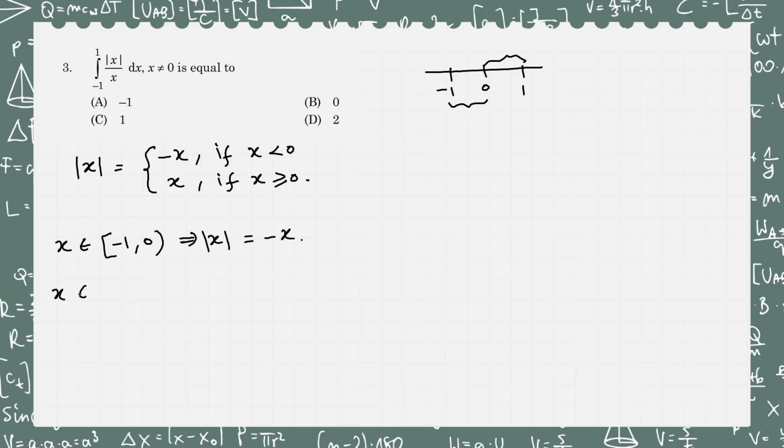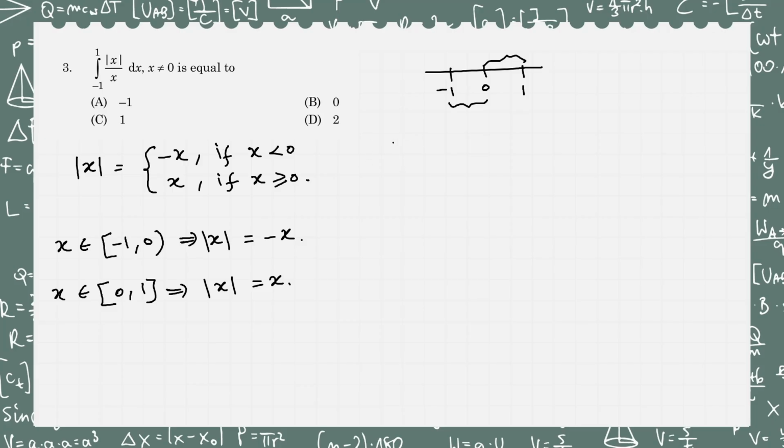And when x belongs to the interval 0 comma 1, modulus of x will be equal to plus x. So because of the different values of x here, we cannot do this integral together as a whole. So we need to split this integral, and this is obviously possible.